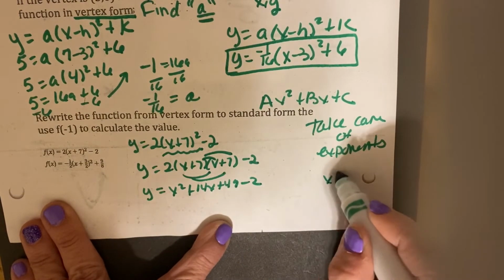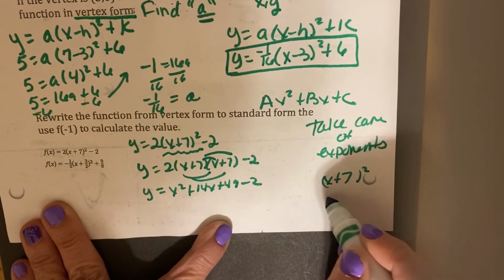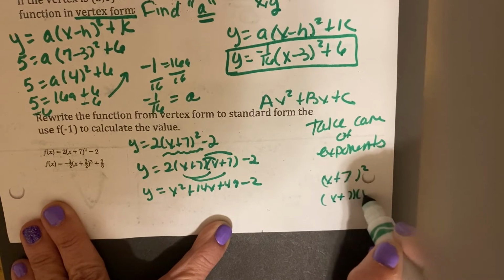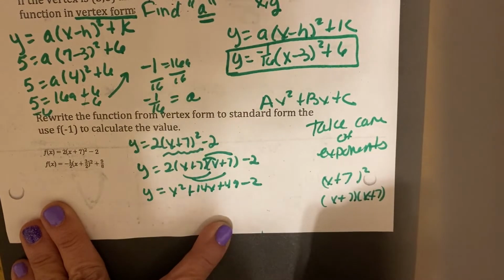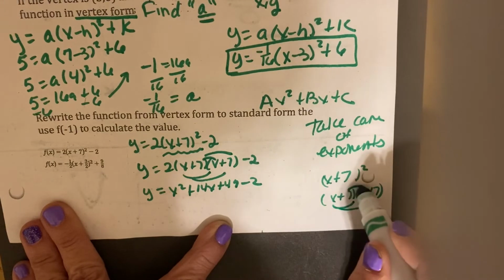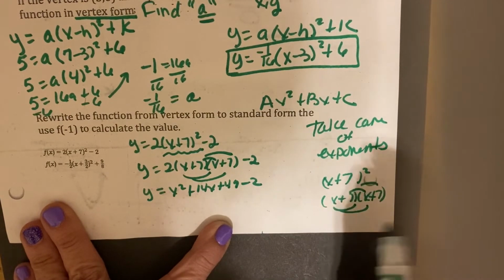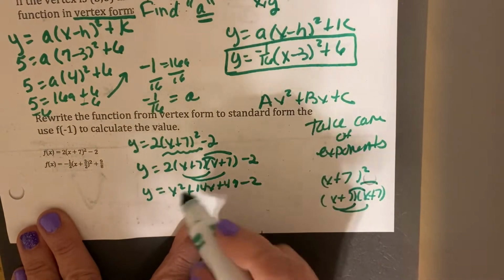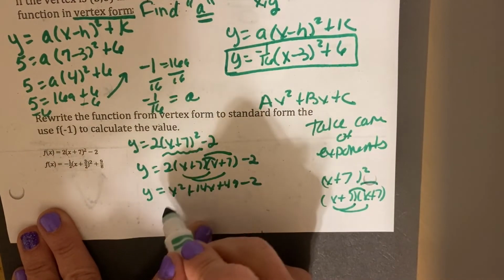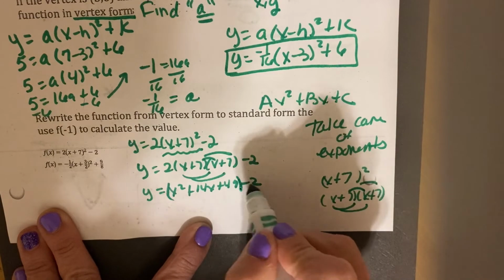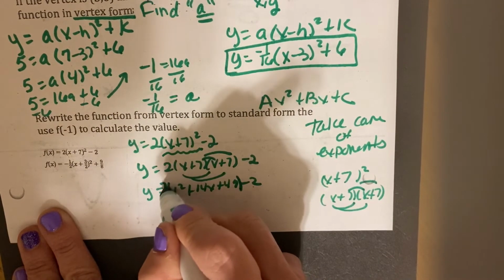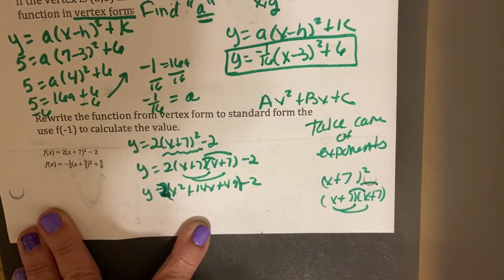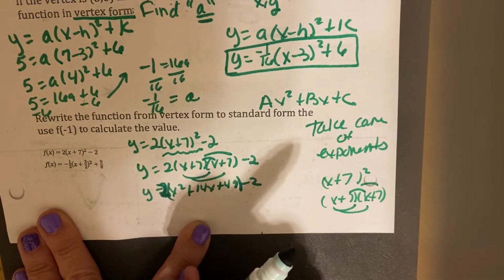If you're not sure what that means, hopefully you know that by now. That means (x plus 7) squared: first, outer, inner, and last. I'll let you go work that out. I'm not going to do that. We've been doing it for a while. And now, before I go in and do the minus 2, don't forget you have to multiply by 2. So don't forget to bring that 2 down.